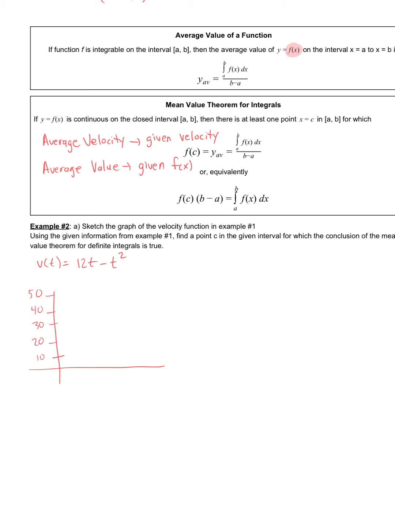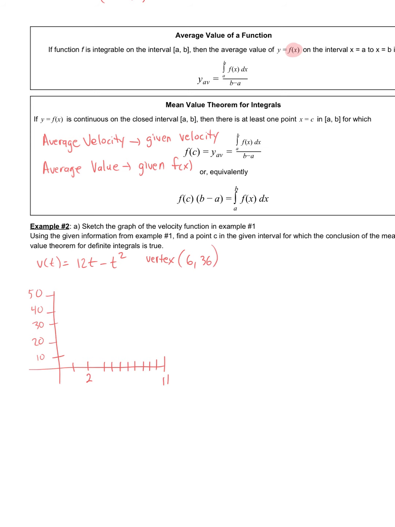I'm going to scale my x-axis. I need it from 2 to 11. So here's 2, 3, 4, 5, 6, 7, 8, 9, 10, and there's 11. So there's my interval, 2 to 11. The vertex of this parabola, looking at the graph, looks to me to be 6, 36.